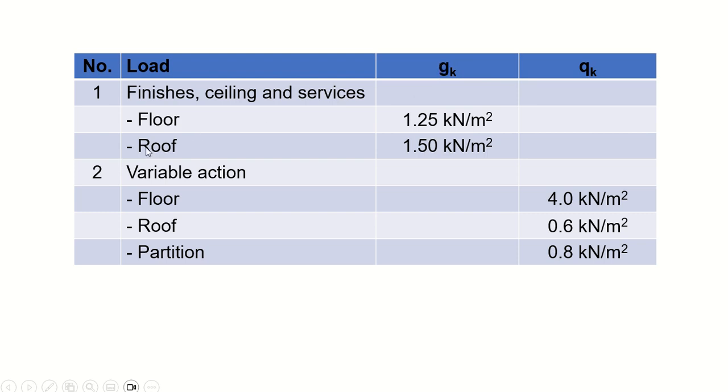For the roof level, you have the permanent load of 1.5 kilonewton per meter square. Next, we have a variable action Qk, and for floor 1 to 4, you have a Qk of 4 kilonewton per meter square. At roof level, you have 0.6 kilonewton per meter square, and last but not least, you have a partition of 0.8 kilonewton per meter square.